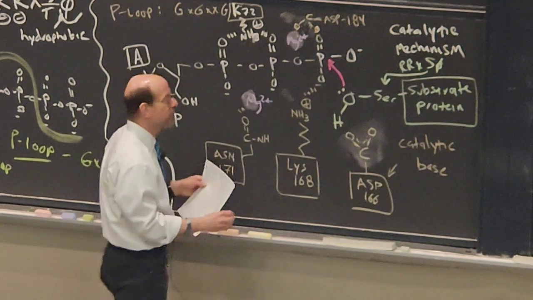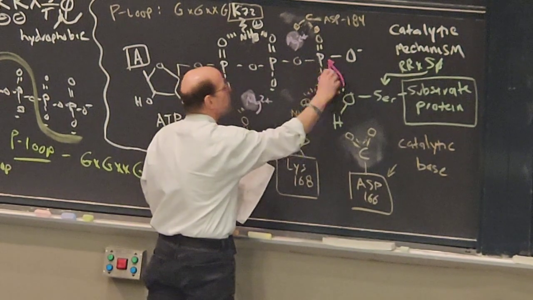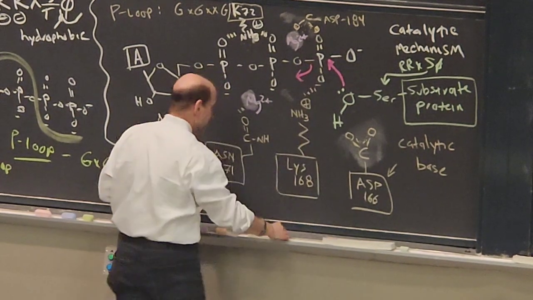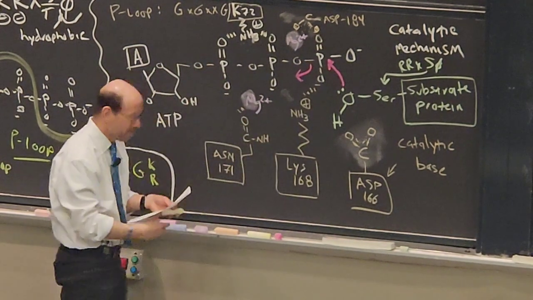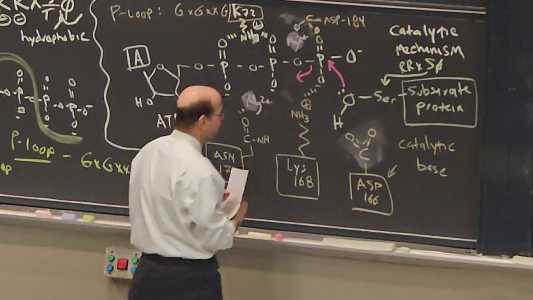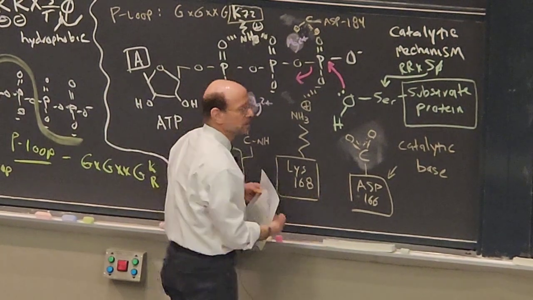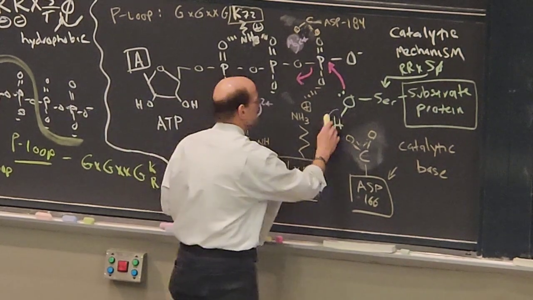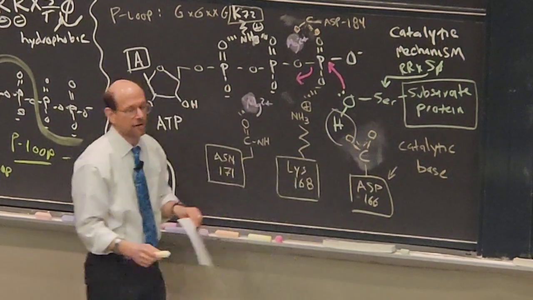When it attacks the phosphate, the phosphate will form a bond to the serine and break the bond to the remaining ADP molecule, and I will be left with a phosphorylated serine. To do that, this residue, aspartate 166, is going to act as a catalytic base, and it's going to deprotonate that serine.